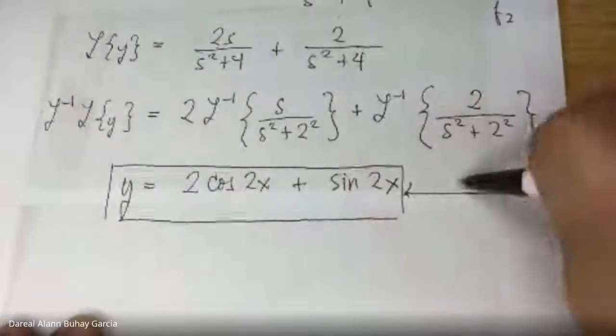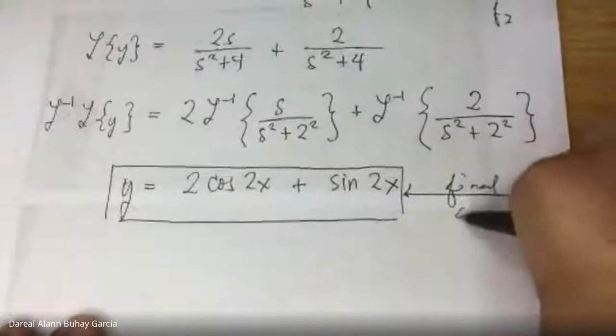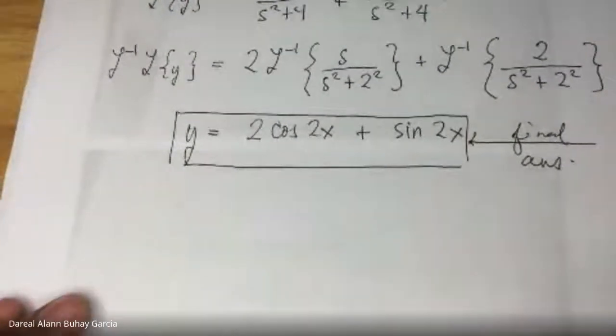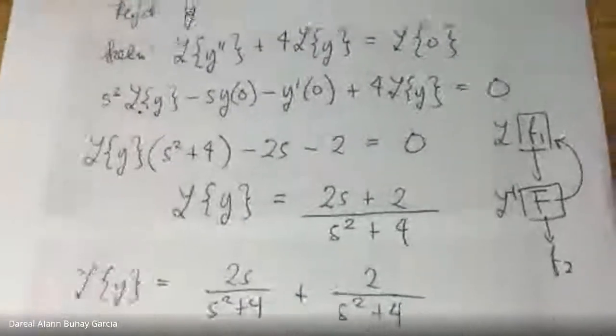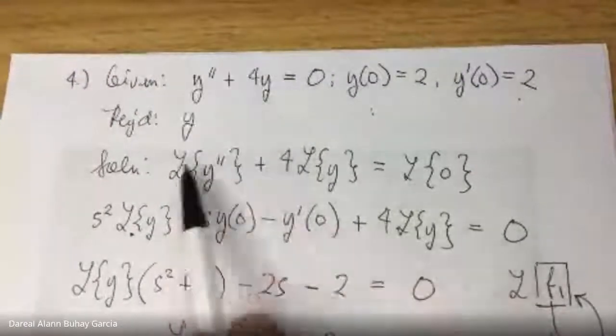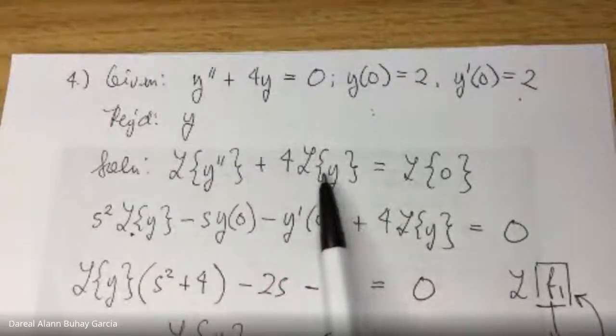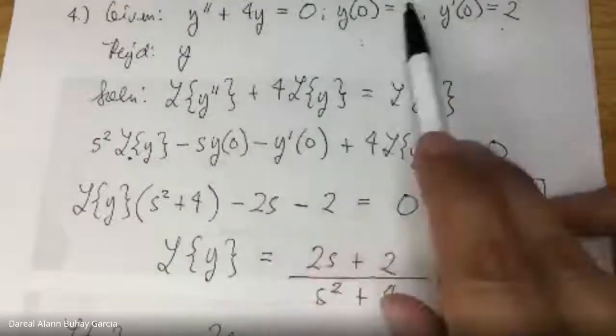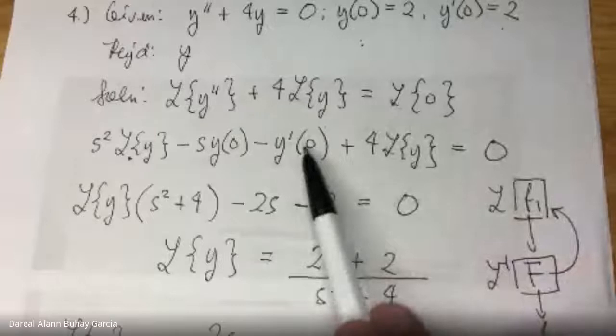Okay? Final answer. Let me review the process. First, find the Laplace transform of everything. Next, substitute the initial value conditions.